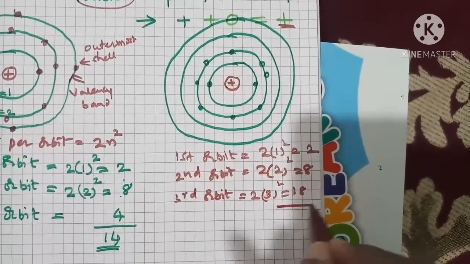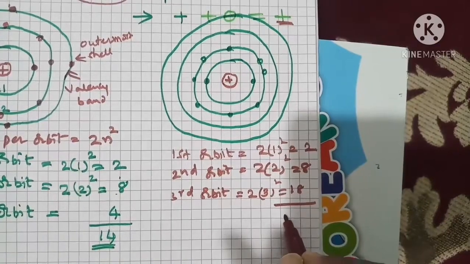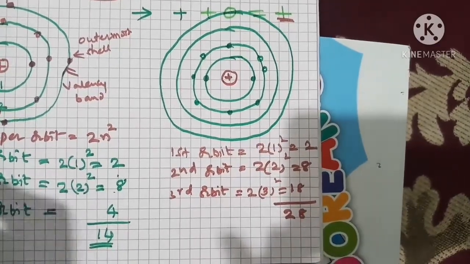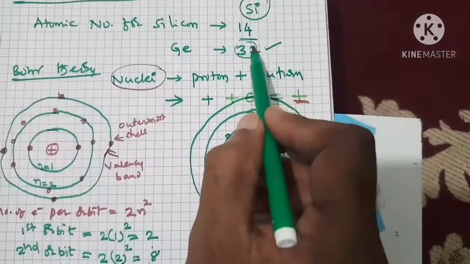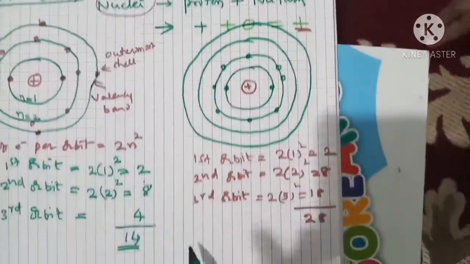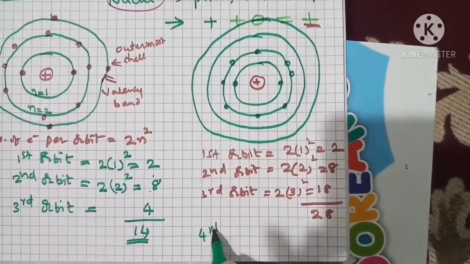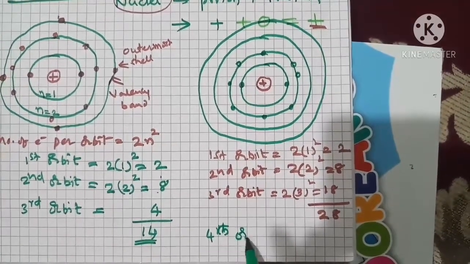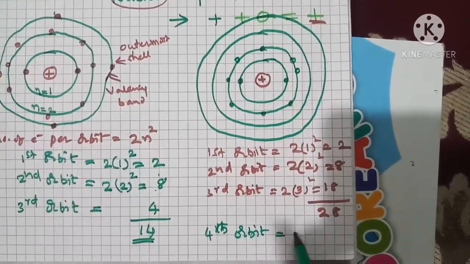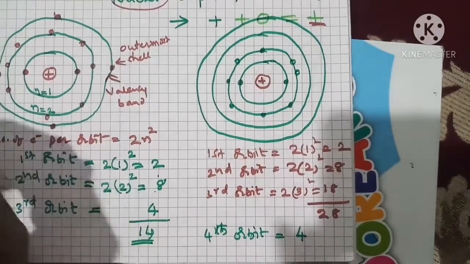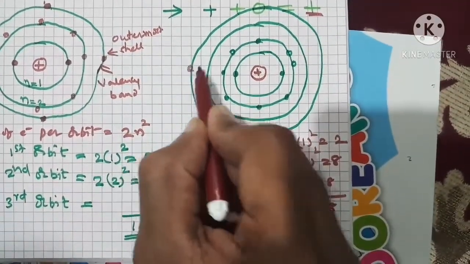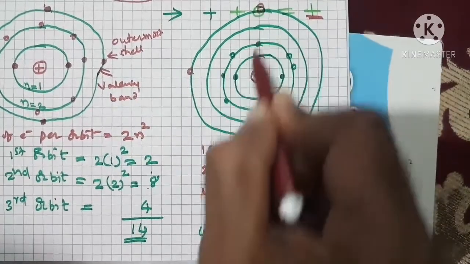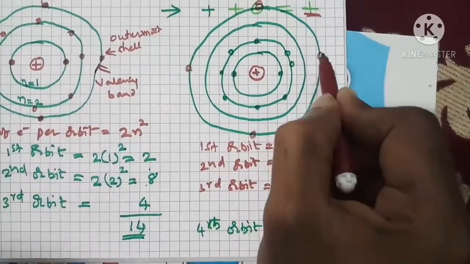So here we have 28. Now in order to make this atomic number 32 complete, we need the fourth orbit to have 4 electrons. Here I am going to keep this fourth orbit as 4 electrons, 1, 2, 3, 4.